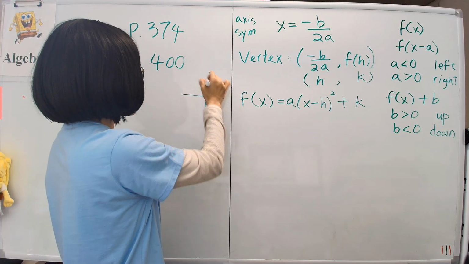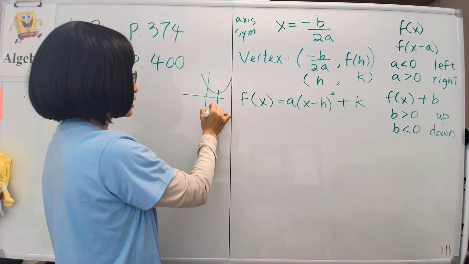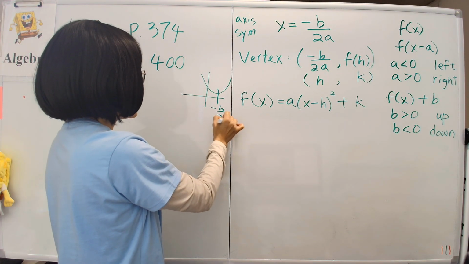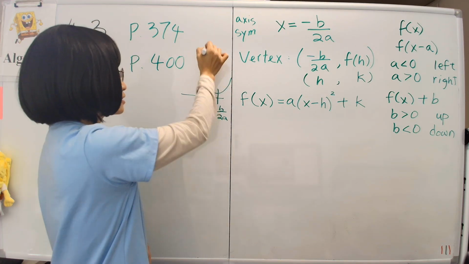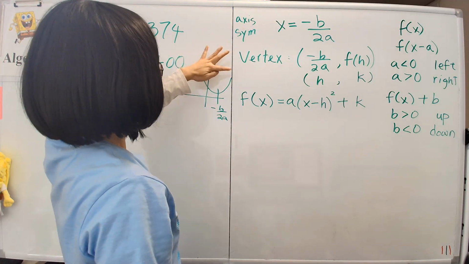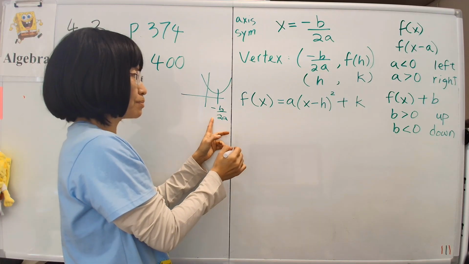When you draw a parabola like this, the x-coordinate of the vertex is equal to minus b over 2a, which means the axis of symmetry is x equals minus b over 2a, and the vertex is located at the x-coordinate minus b over 2a.